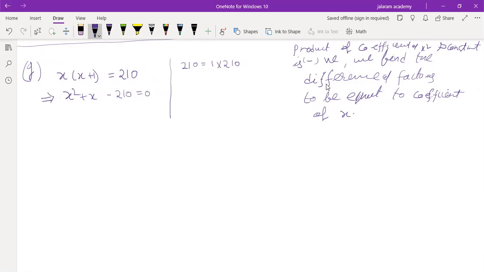Understood? And if the product is positive, then what should we do? We will find the sum of factors to be equal to the coefficient of x.